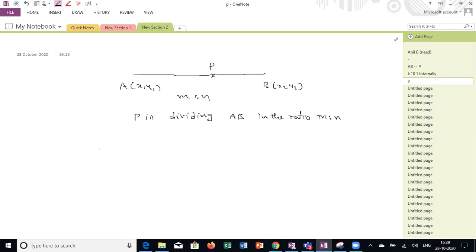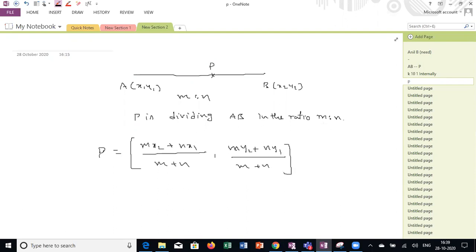Then the coordinates of P are (m x2 plus n x1) divided by (m plus n), and (m y2 plus n y1) divided by (m plus n).